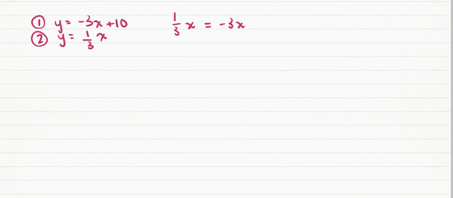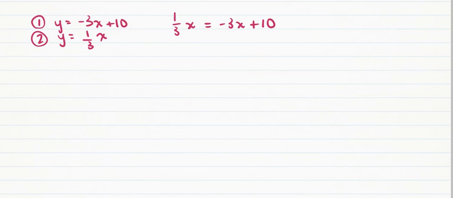Again, my two equations are y = -3x + 10 and y = 1/3 x. First, I can take the expression for y from the second equation and substitute it into the first equation to get 1/3 x = -3x + 10.